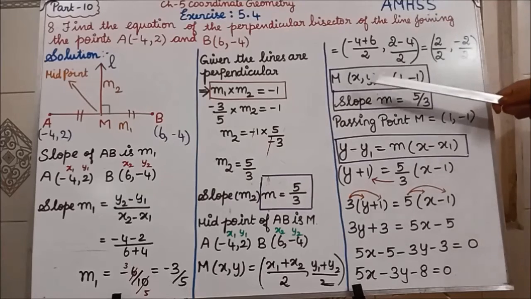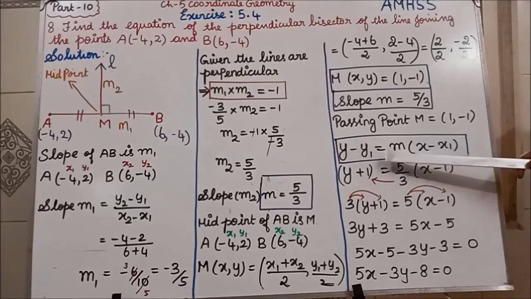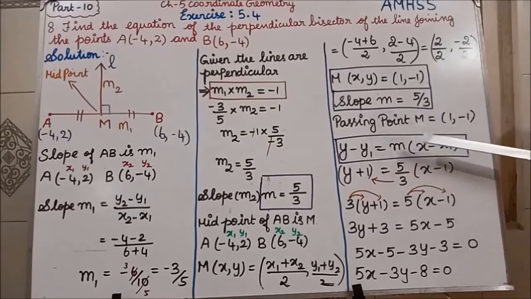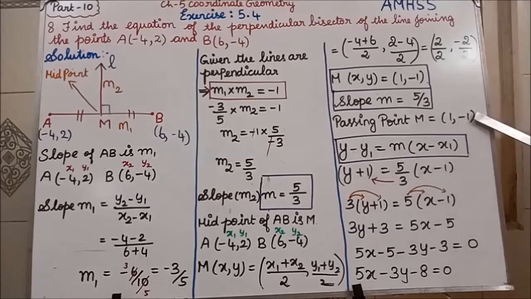Now the midpoint value is 1 comma minus 1 and the slope we are having is 5 by 3. So one point and one slope. The one point, one slope formula is what? y minus y1 equal to m into (x minus x1). Clear students? So this is our x1 and this is our y1.